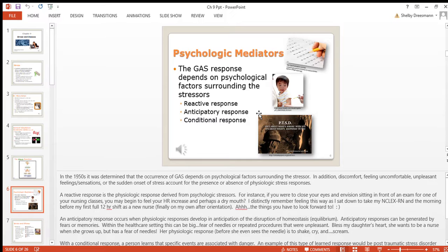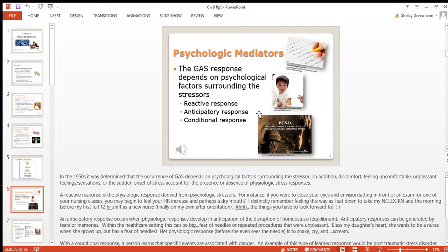PTSD is a good one. People with PTSD experience a stimulus or stressor that is associated with danger or an unpleasant experience. Anticipation of the event triggers a physiologic response. My dad worked with this one guy who actually had delayed PTSD, but he said when he would hear the national anthem, he would start crying.